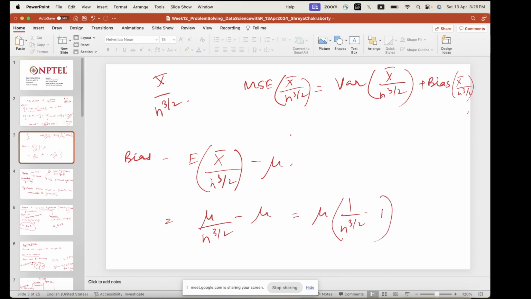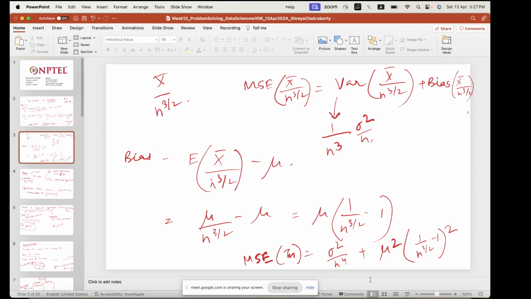Alright, and variance is how much? The variance of x bar is sigma square by n, so this one is 1 by n cube. So as n tends to infinity, the MSE of this Tn is sigma square by n to the power 4 plus bias square, so this would be mu square times (1 by n to the power 3 by 2 minus 1) whole square.